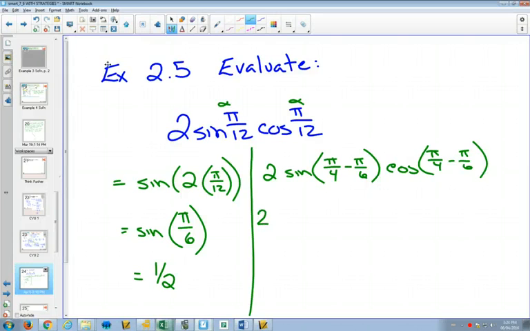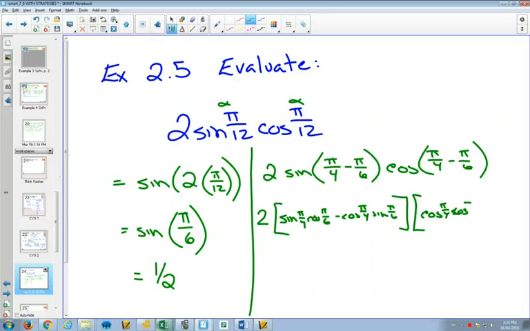And then you would have 2, and then this whole one is equal to sine pi over 4 cos pi over 6 minus cos pi over 4 sine pi over 6. And this one is going to be cos pi over 4 cos pi over 6 plus sine pi over 4 sine pi over 6. Can you see why this is the long way?